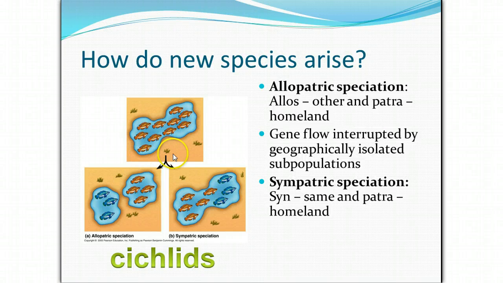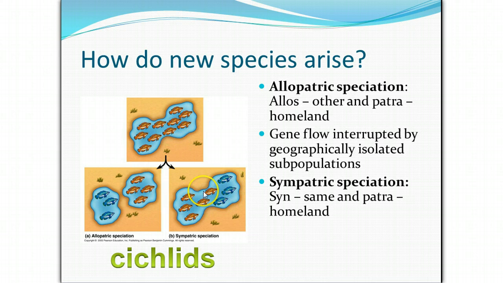The other type of speciation is just the opposite of allopatric speciation. So if allopatric speciation is geographic isolation, sympatric speciation is they're not geographically isolated. Sym meaning same, and patric meaning homeland. So they're in the same place.